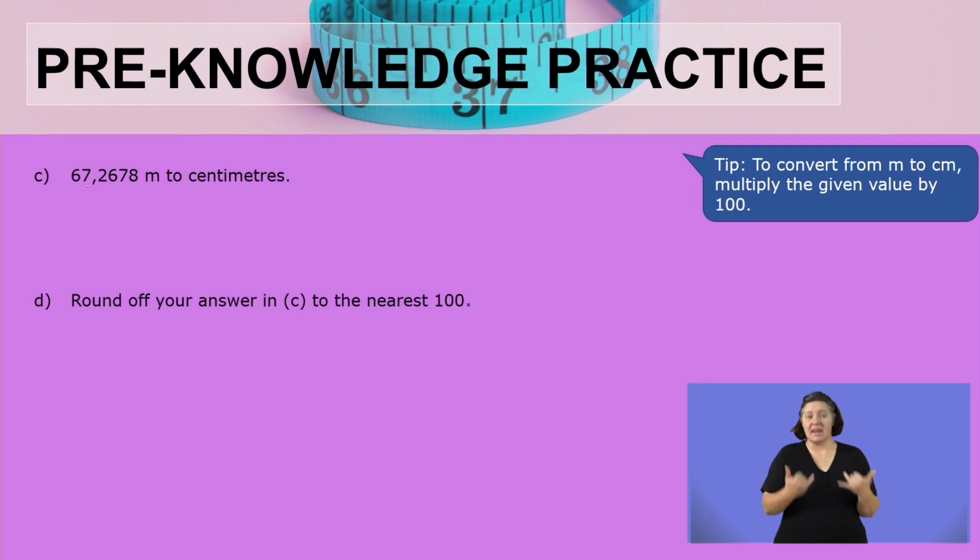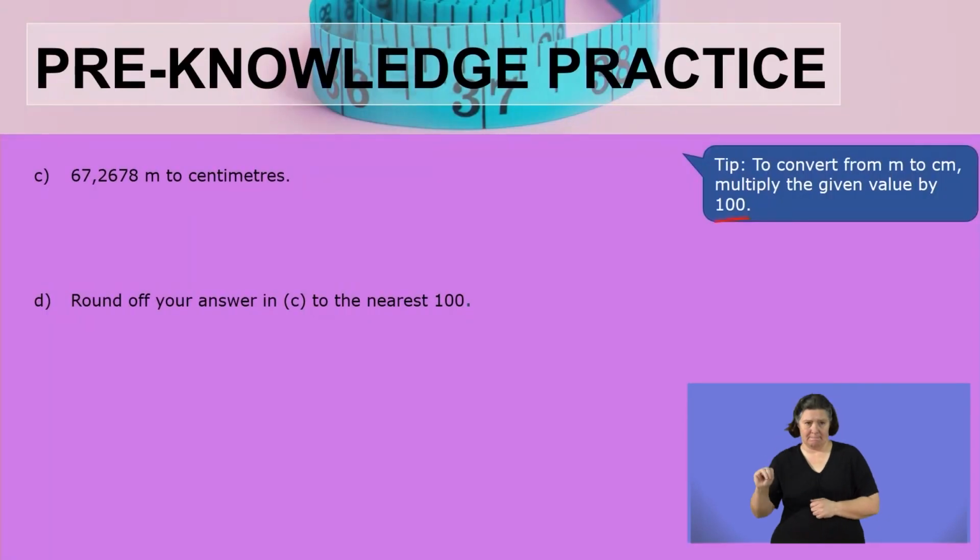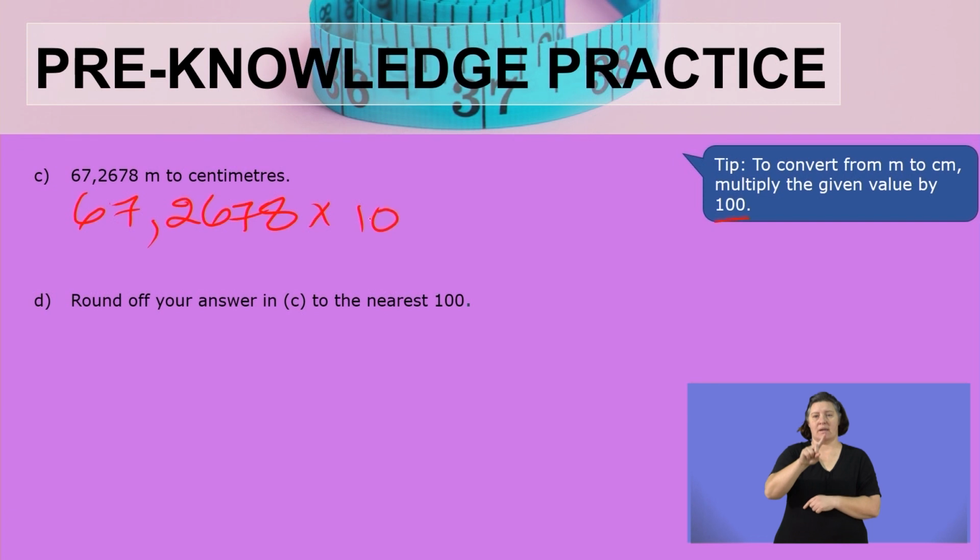So now, let us get more practice on that. Now we need to convert 67,2678 meters to centimeters. The conversion factor is 100. I hope you already know that it means that 1 meter is equivalent to 100 centimeters. So now we will simply multiply 67,2678 by 100. Let us press the calculator together.